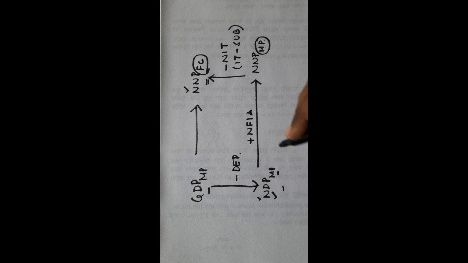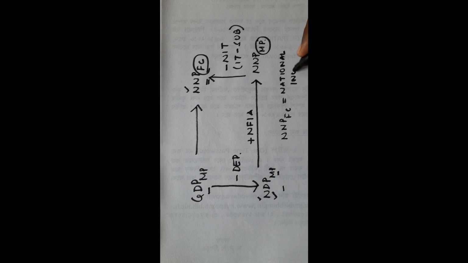And NNP at FC is nothing but the national income. So this is how we get the value of national income by the expenditure method. By following these steps, you can very easily calculate the value of national income by expenditure method.